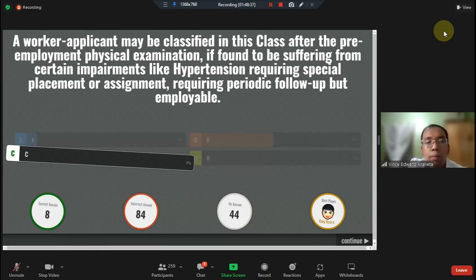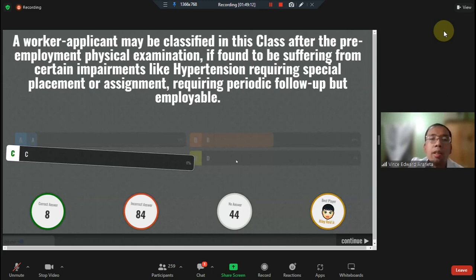Class A is no problem, just fit and no other comorbidities. Class B is an existing disease but curable. For example, a patient has a UTI. You still clear him for work because a UTI can be cured in a week's time with antibiotics. You put class B, recommend antibiotics, and clear for work after a week. Class C is with comorbidities like hypertension or diabetes that would require frequent follow-up but is viable.